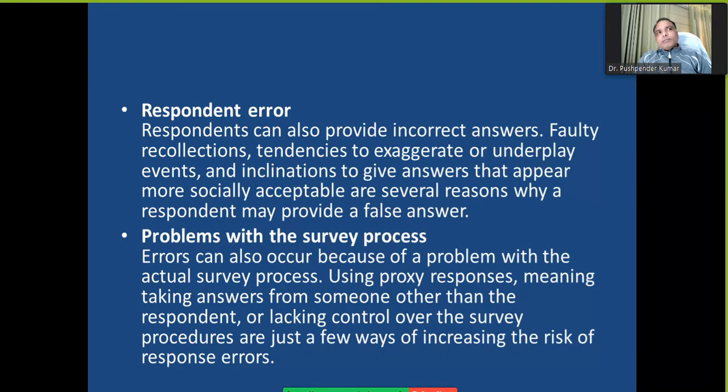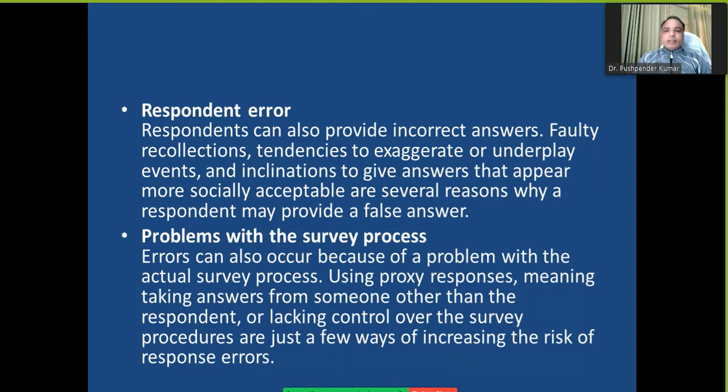Now here's something very important. When you are talking about measurement error, the response error, respondents can also provide incorrect answers. Sometimes you are not in a good mood, or you have had some instance that has impacted you a lot.